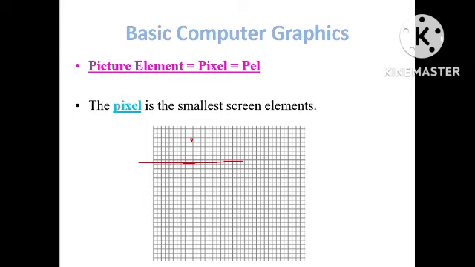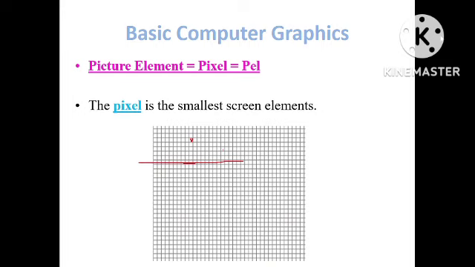So according to this, the least screen element is nothing but the pixel. A pixel is a combination of row and column. When purchasing a mobile, you know the resolution. The resolution means how many rows and how many columns that screen has.